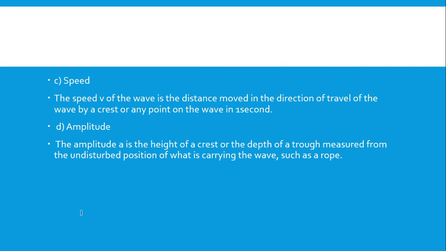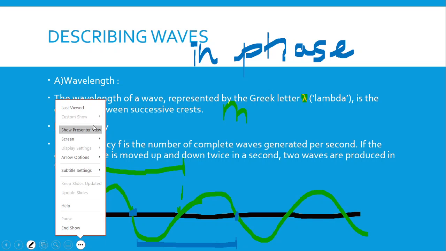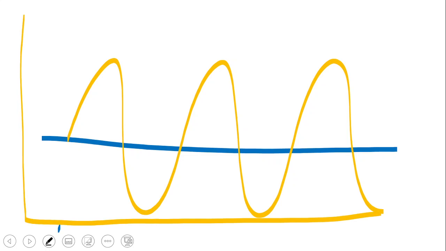Okay, now we have talked about wavelength, and the next thing that is important to talk about is the frequency. So the frequency f is the number of complete waves generated per second. If the end of a rope is moved up and down twice in a second, 2 waves are produced in this time. Okay, so again, I'm going to draw the wave. And this time, I'm going to draw a graph.